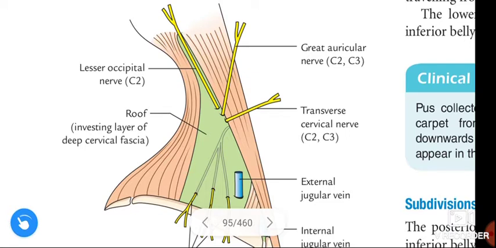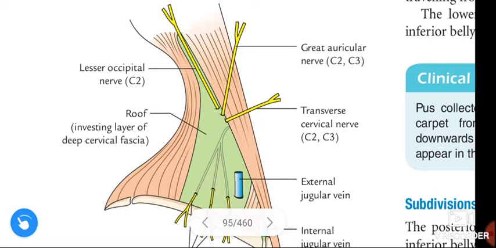And the nerves piercing the roof pierce near the posterior border of the sternocleidomastoid muscle. See here, this is the posterior border of sternocleidomastoid muscle.